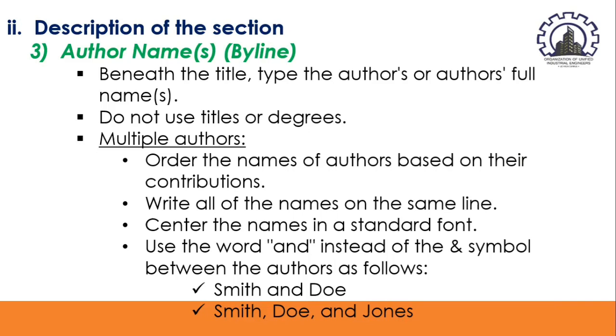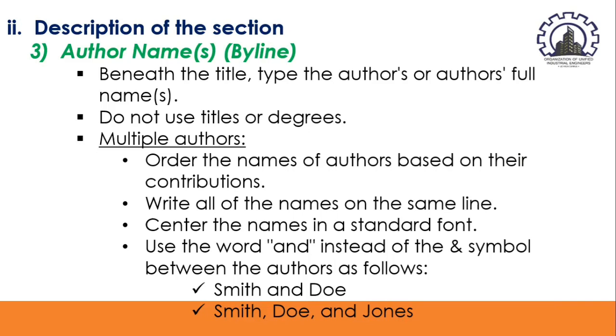And also, your names should be written on the same line, just one line, okay? Center the names in a standard font, and you need to use the word and, the full word and, instead of the symbol. For example, you have there Smith and Doe, okay? So you make use of the word and.